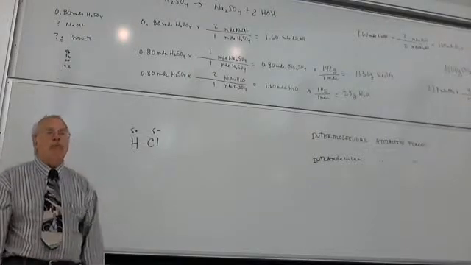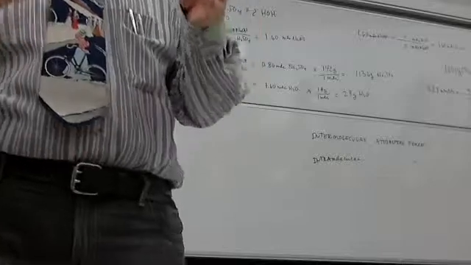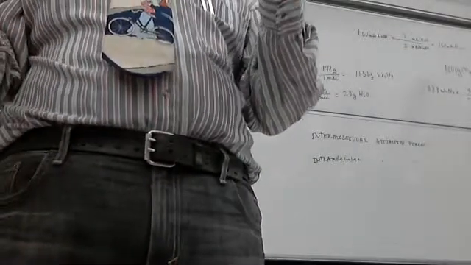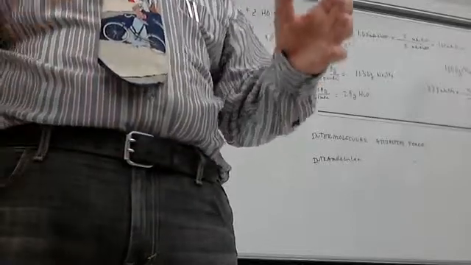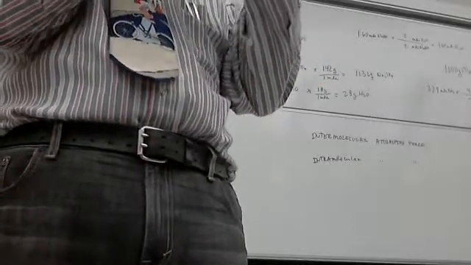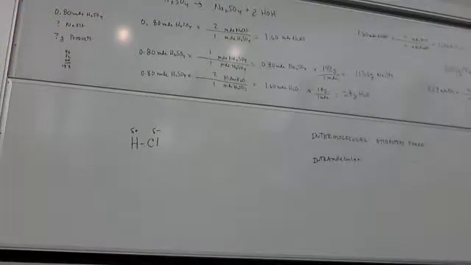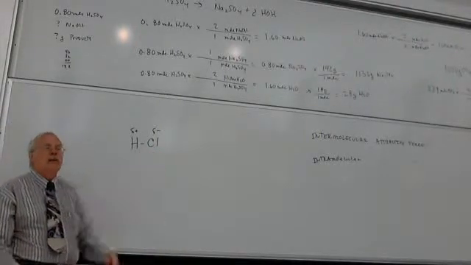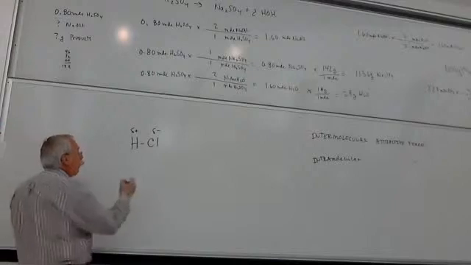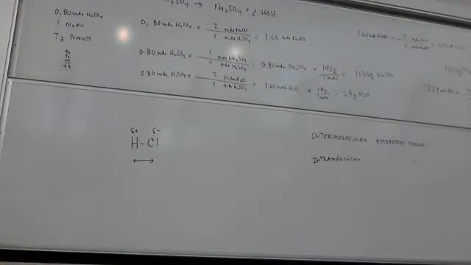If we're talking about the electron as a cloud, which is often a very good way to think of the electron, not as a particle at all, but as a mist or a cloud, then the fogginess is greater around the chlorine than it is around the hydrogen. In either case, the chlorine appears a little bit more negative to us. And this sets up what's called a dipole in the bond, a bond dipole, so to speak.